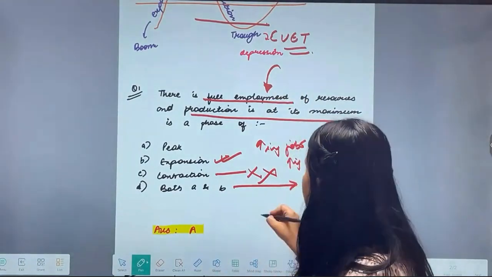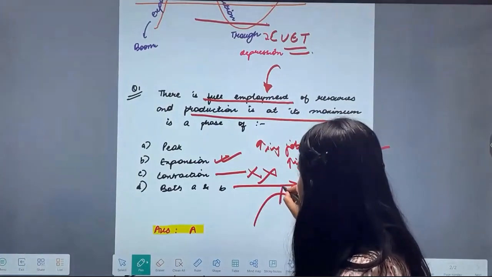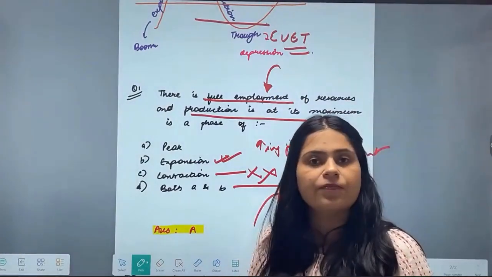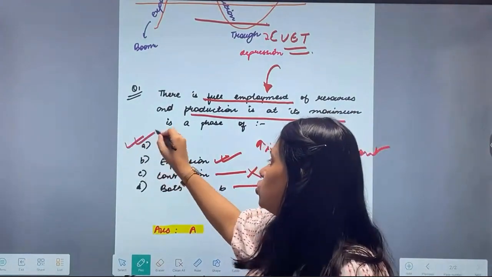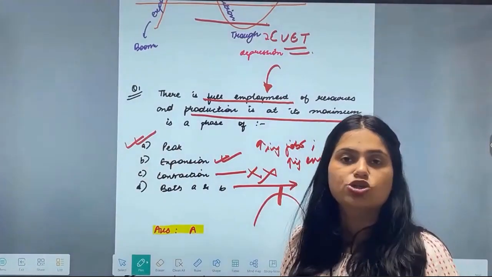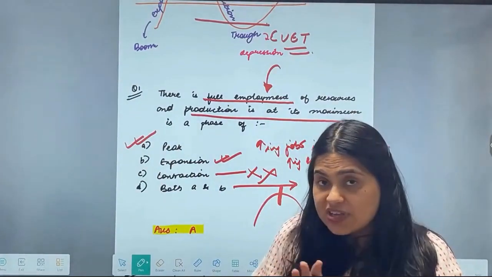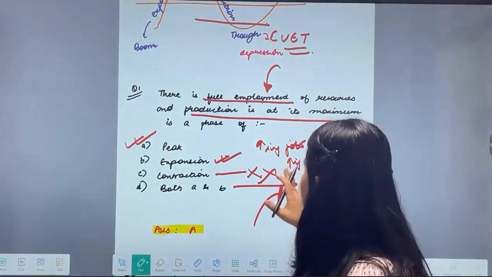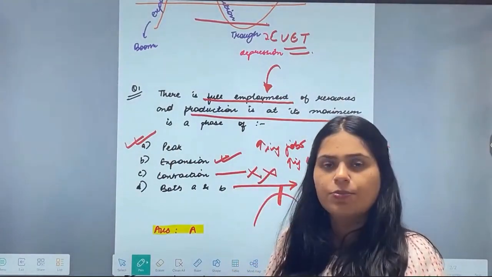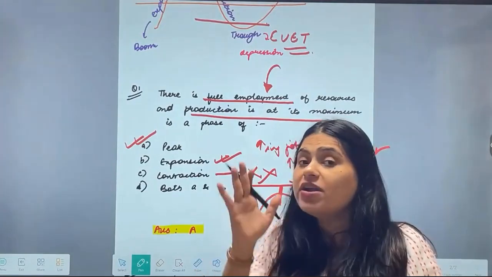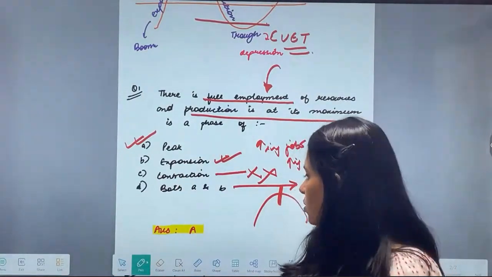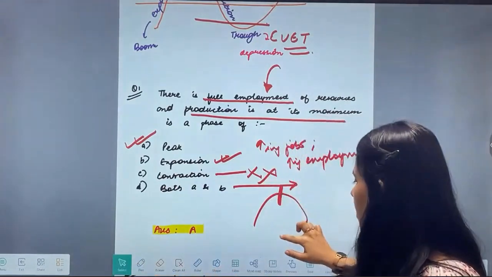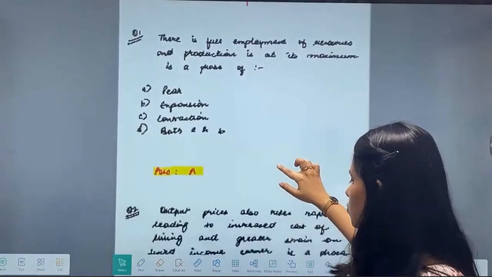Which means I am at my peak in the economy. So the correct answer to this question should be A. It should be peak, not the phase of expansion. In expansion, yes, jobs are increasing and production is increasing, but they are not at their maximum. So the answer should be peak. Okay, beta. Come to the next question.